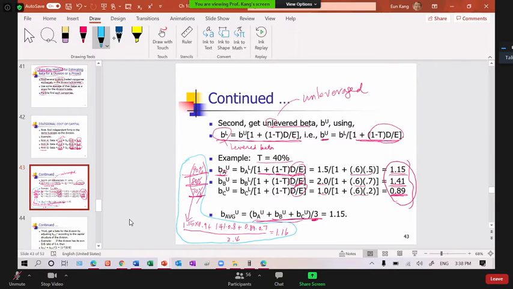Okay. Professor, so the D over E is debt over equity? Okay. Professor, why did we divide it by 2.4? The total weight is 90 plus 80 plus 70, which is 240. So that is why. Can you explain why we multiply by the 90%, 80%, and the 70%?